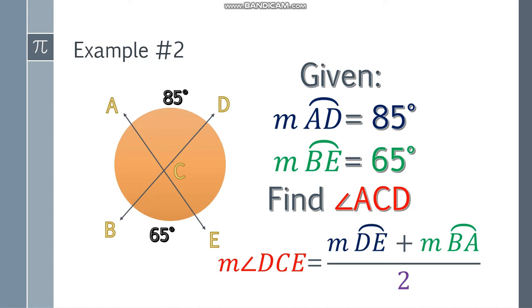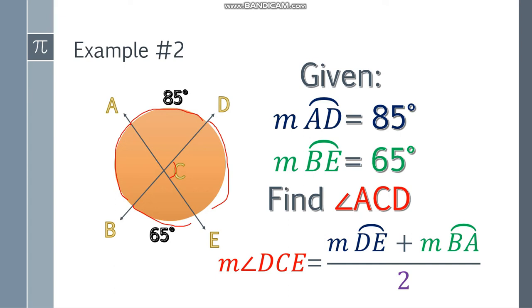To find angle BCE, you must have the measure of arc DE and the measure of arc BA divided by 2. However, we don't have the measure of arc DE and arc AB. But instead, we have these two arcs, AD and BE.